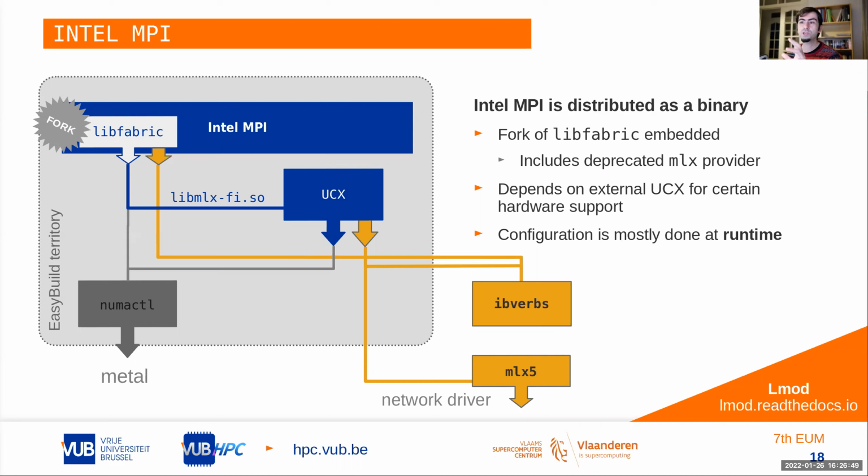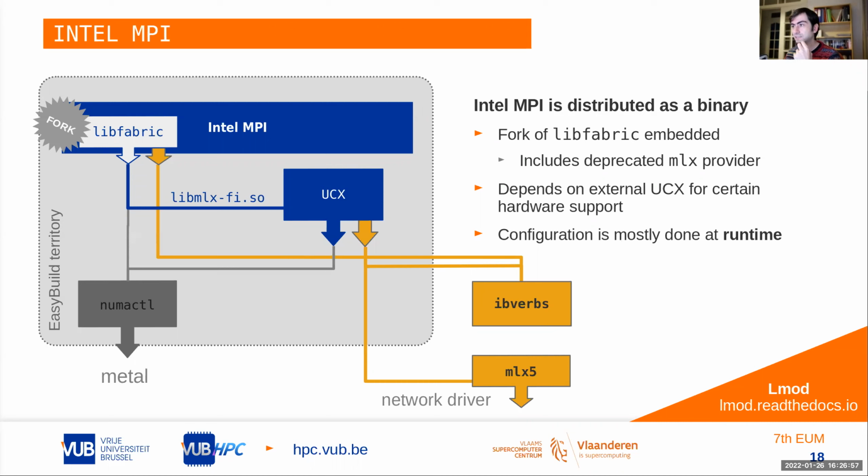So all the configuration that needs to be done with Intel MPI can actually be done at runtime through environment variables. And in our case, what we want to do with Intel MPI is set all the configuration settings with the resource manager, so with Slurm. That's because support for Slurm in Intel MPI changes quite widely from version to version.